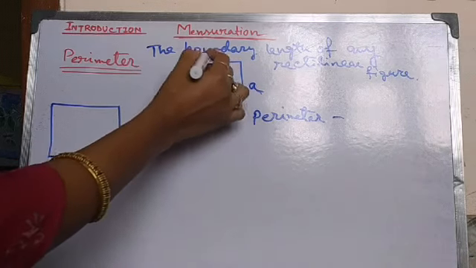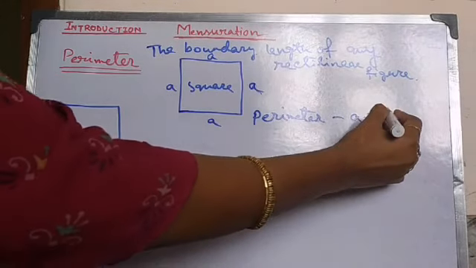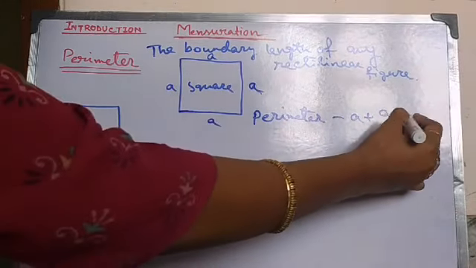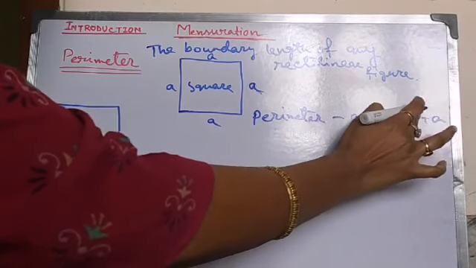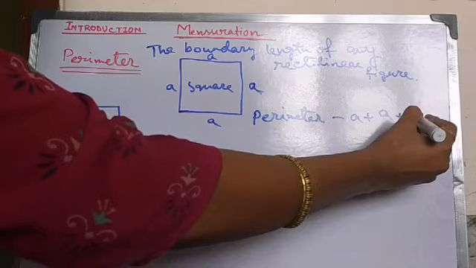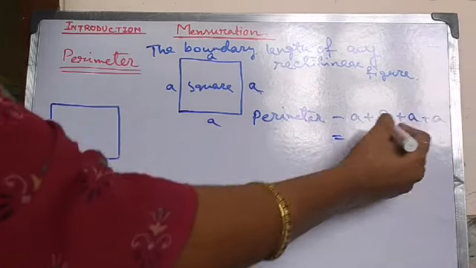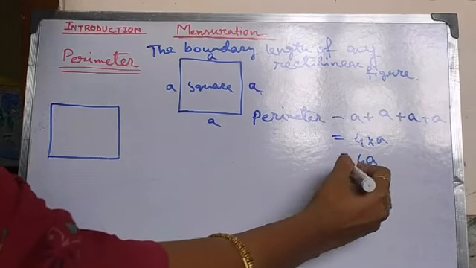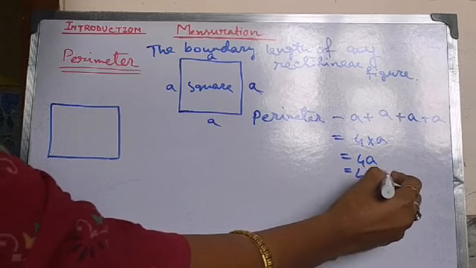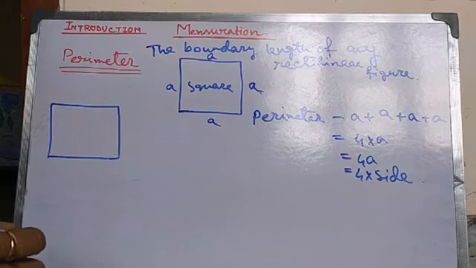Total length means this side length is A, this side length is A, this side length is A, and this side is A. So A plus A plus A plus A means 4 into A. That means 4A, that means 4 into side. That is the perimeter of the square.